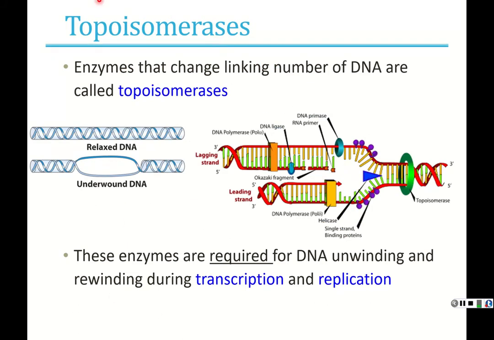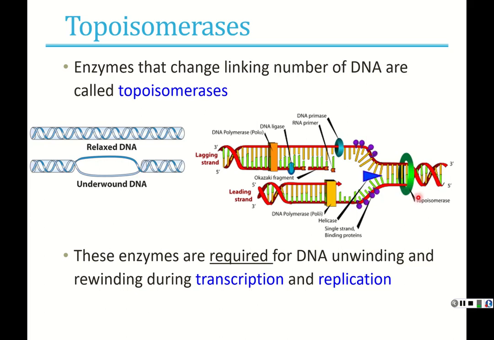Right, and these topoisomerases, these are the enzymes I kind of alluded to, but they're enzymes that change the linking number of DNA. And why are they important? Well, in DNA replication or transcription, you're kind of going through the DNA like a zipper, unwinding it, and if you don't deal with that extra strain you're putting on the DNA in front of you, as we mentioned before, that's going to get overwound and it's going to basically turn into a knot, and you're not going to be able to continue through.